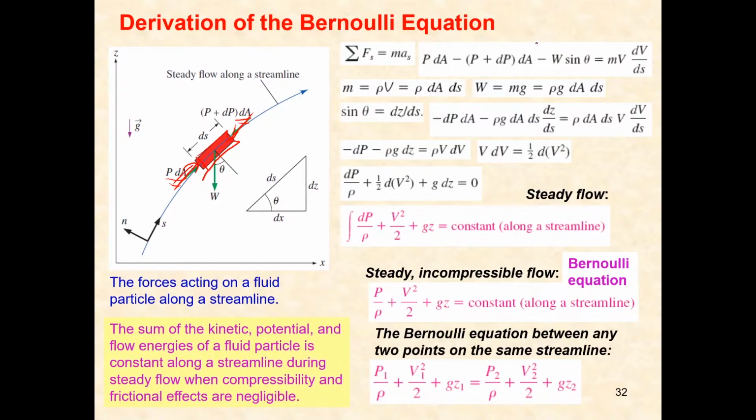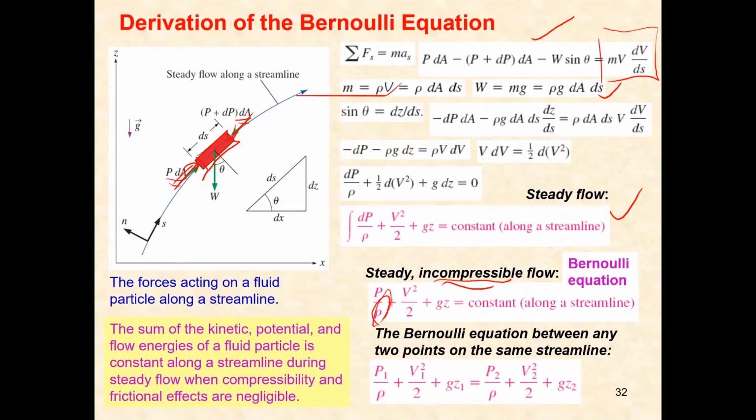This is the summation of all forces, and this is the rate of change of momentum. By substituting that mass equals rho times volume, and so on, you have the vertical component of forces acting on the particle. By substituting, you will get the Bernoulli equation. The Bernoulli equation is only for incompressible flow, which means the density is constant.